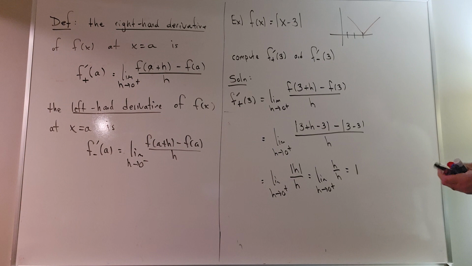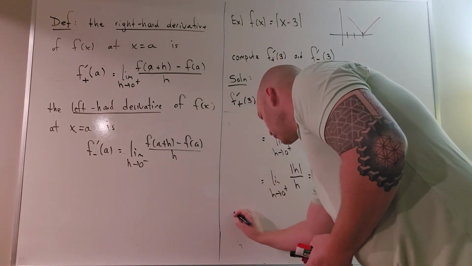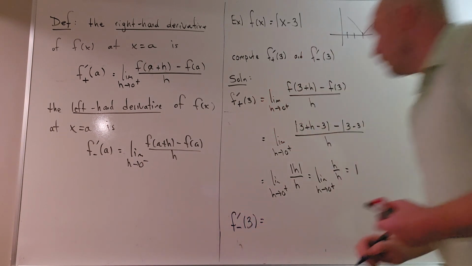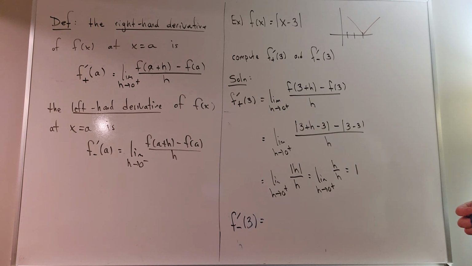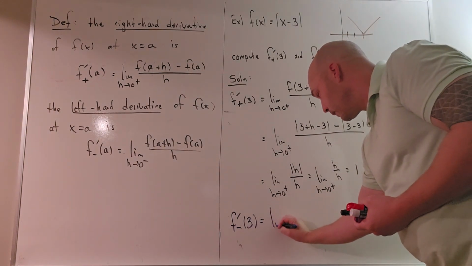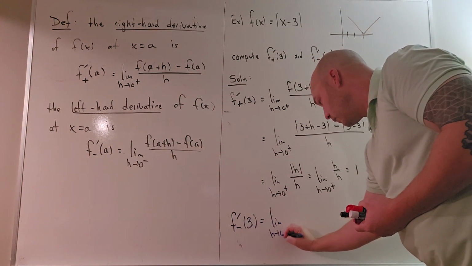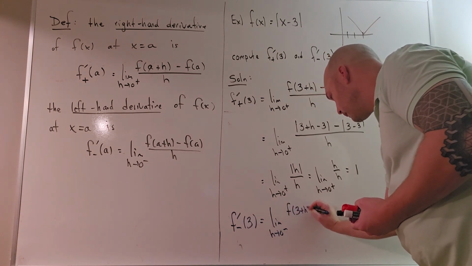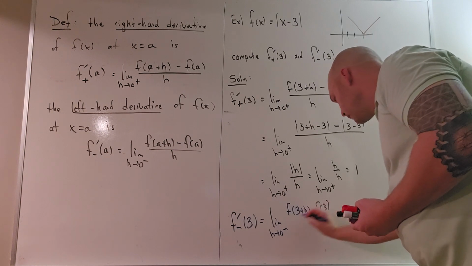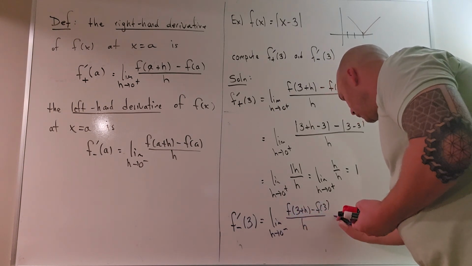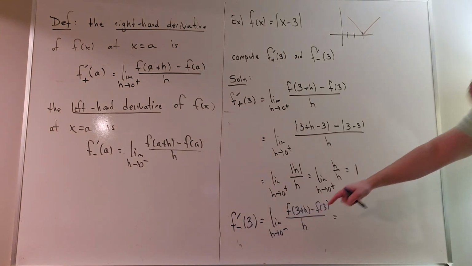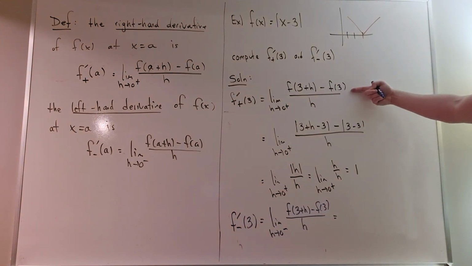All right, now let's take a look at the slope from the other side, or the left-hand derivative. For this one, again, it's the left-hand derivative of the difference quotient. Now, we could go through and simplify the difference quotient, but notice it's the same expression that I had up here for the right-hand derivative.